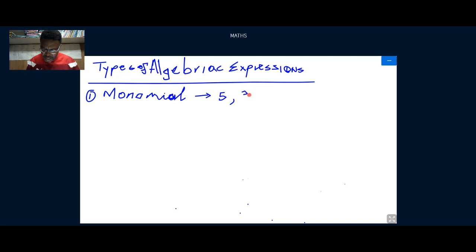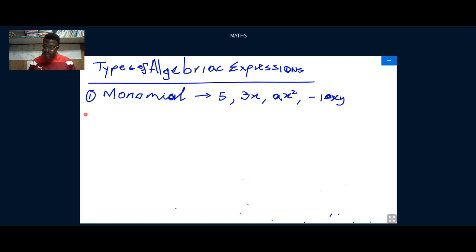I write 3x, this is a monomial. I write 8x squared, this is a monomial. I write negative 10xy, this is a monomial.